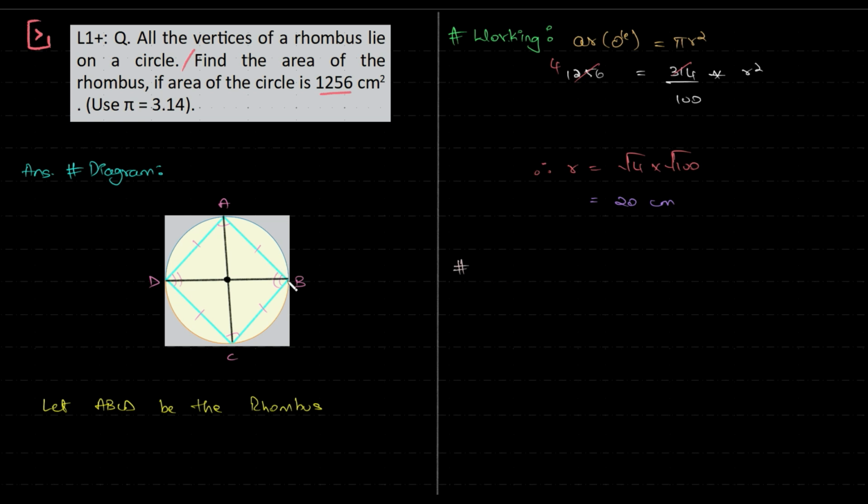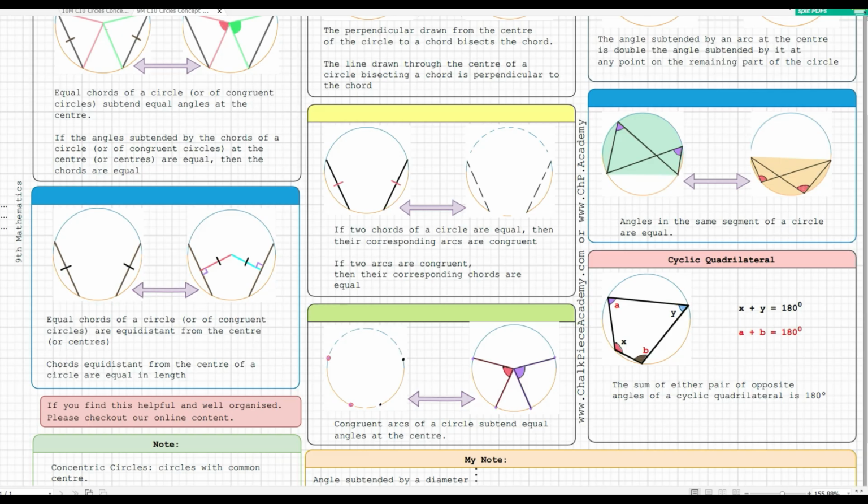Now, we have to make use of the property of the rhombus and the fact that it's a cyclic quadrilateral. So what is a cyclic quadrilateral? It's over here. If you're not able to find it, it's over here. Yes, it's a quadrilateral wherein the opposite angles add up to 180 degree. Okay.